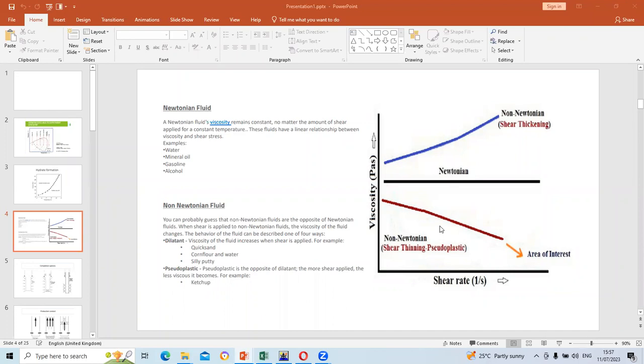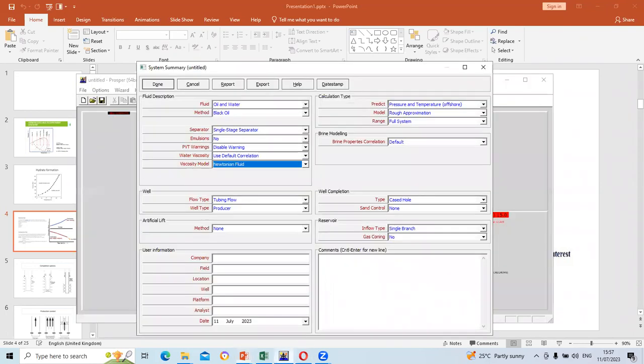But generally we are talking about our normal, not very heavy hydrocarbon. All right, software. So we are going to take our viscosity model as the Newtonian fluid.